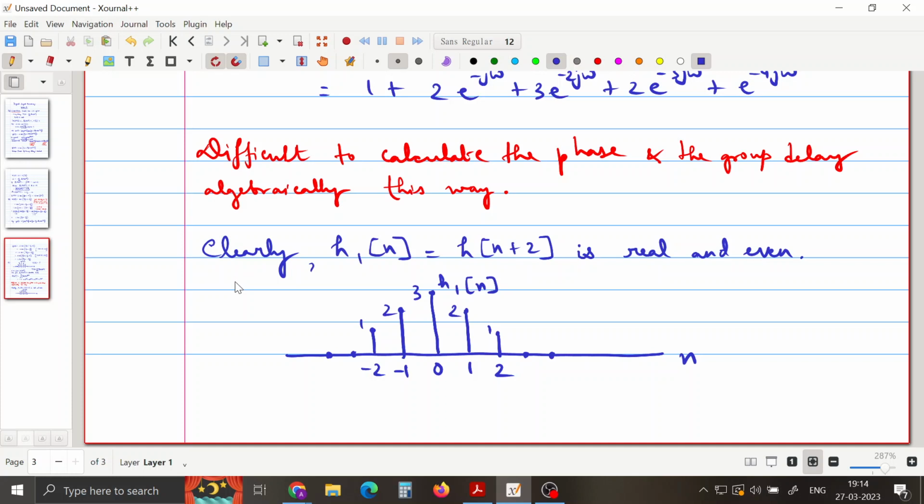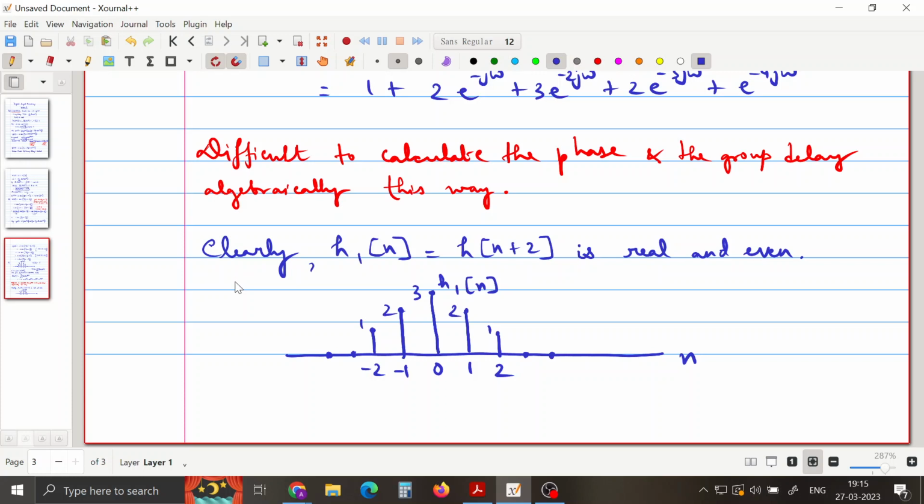Yes, that is true: if we have a sinc function in the time domain, we have a rectangular pulse in the frequency domain, and vice versa. That's a dual pair. But what I am asking is, for a time domain sequence like h1 of n, which we know is real and even, can we say anything about its Fourier transform, denoted by capital H1 of e power j omega? Whether it will be even, whether it will be real, like that.